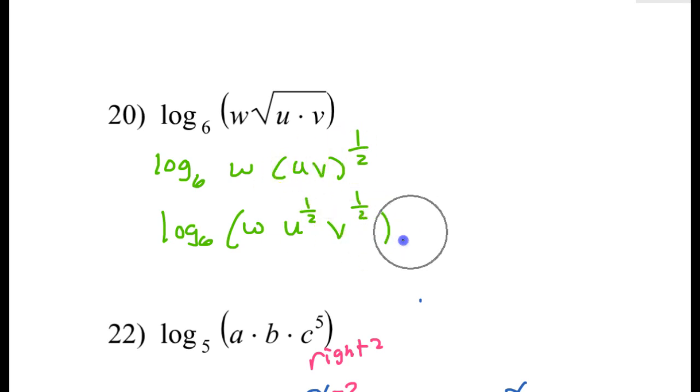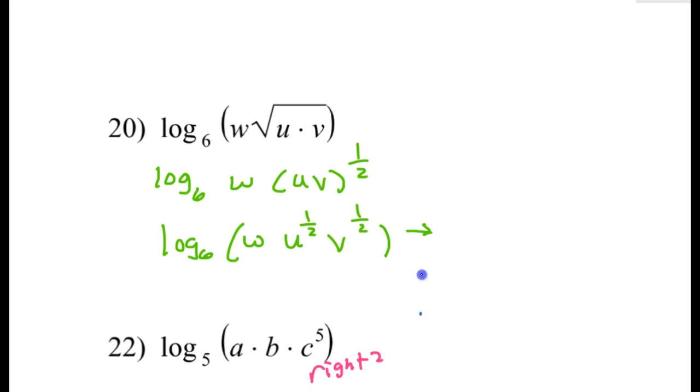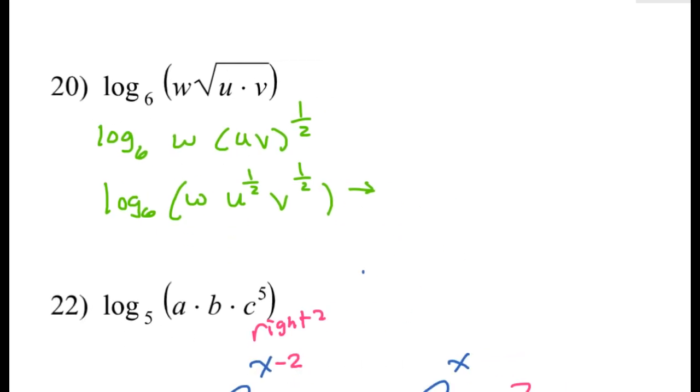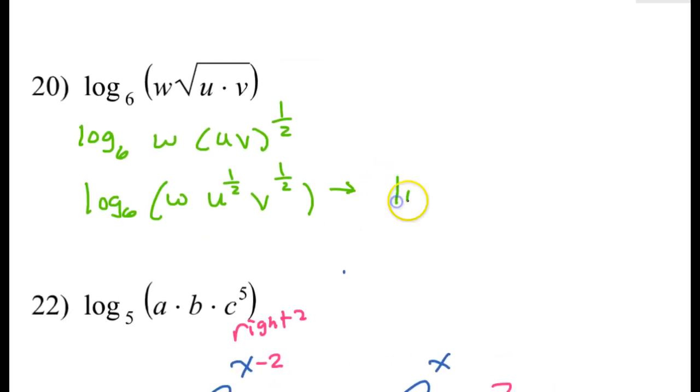All right, now that makes it easier to write in expanded form because now I'm going to just separate this into 3 terms. So this would be the same thing as the log base 6 of w plus, now I'm going to have the log base 6 of u to the 1/2 power. Let's go ahead and skip the step where we write the 1/2 power and then put it in the front.